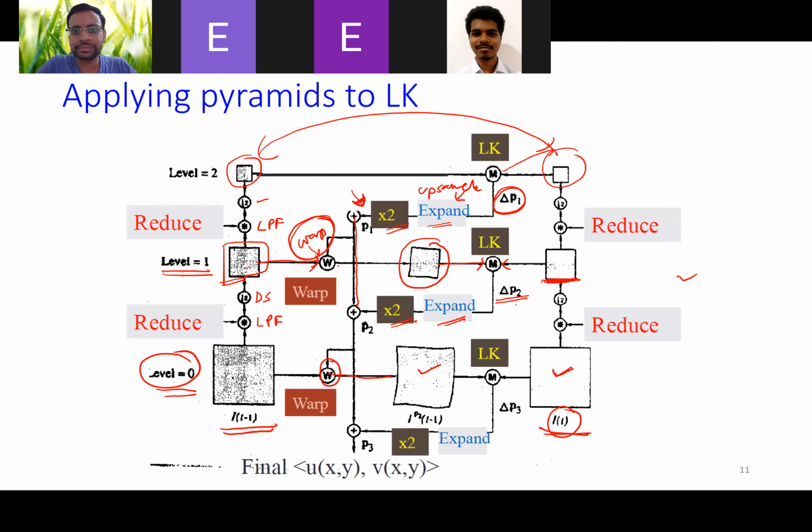Is that clear? Yes. Sir, so after getting to the final level, we should form that second order matrix, right, to find u and v for each pixel. Yeah, that's a good point actually. See, to solve it you have to do it at every pixel at each level.